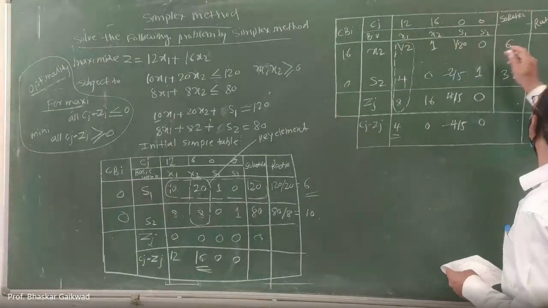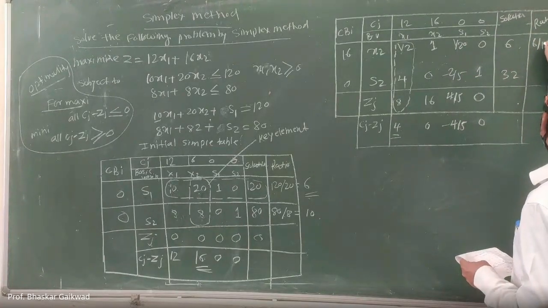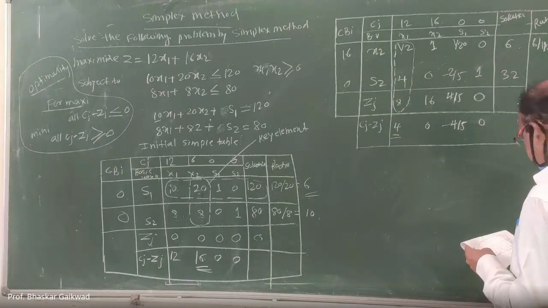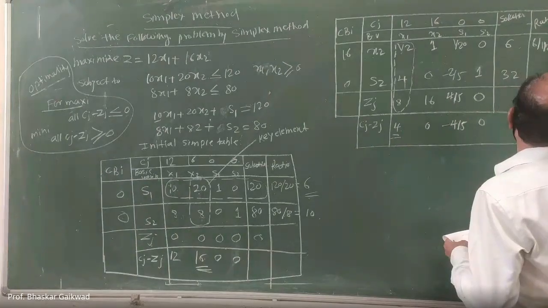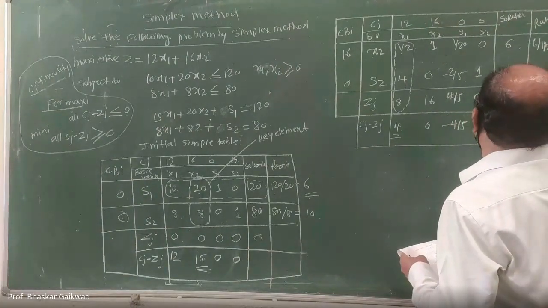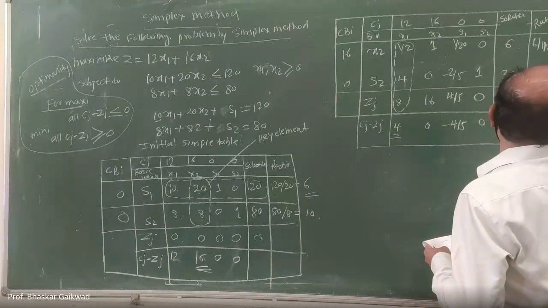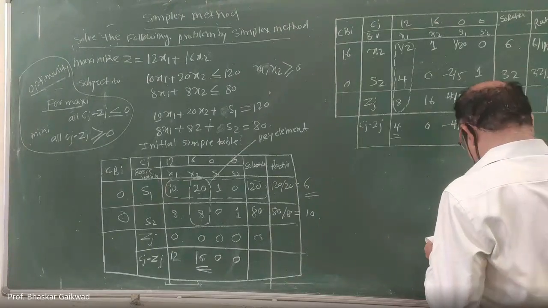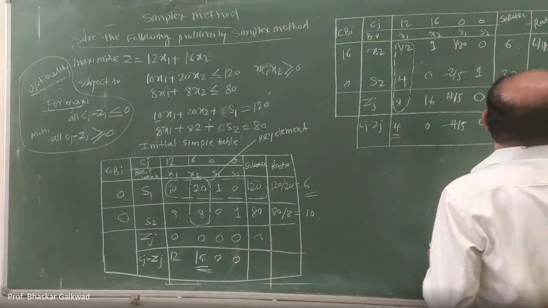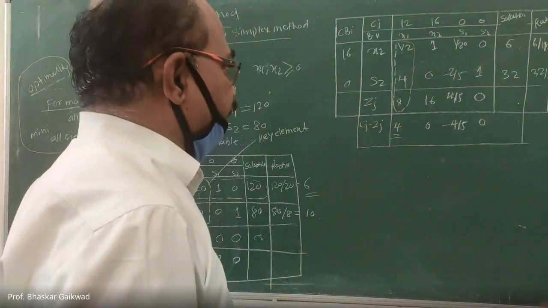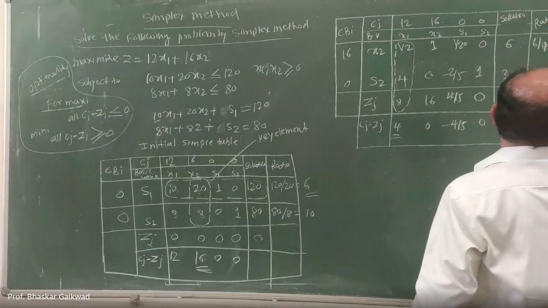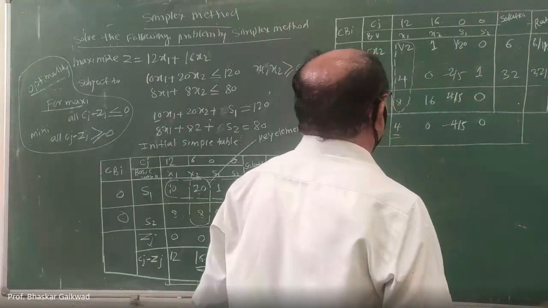6 divided by 3. How much left? 12. 6 divided by 3. So out of this, which is the minimum? So this is here.